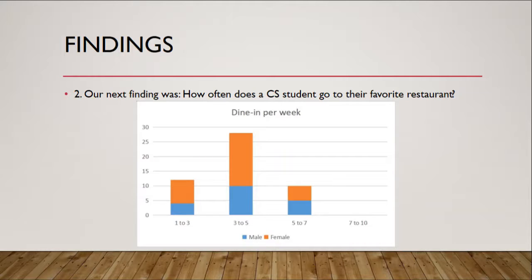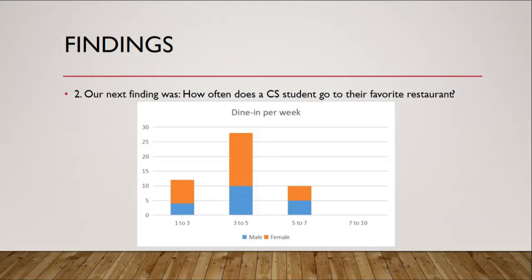Most students, which has the highest frequency, went to their favorite restaurant 3 to 5 times a week, and that is pretty good. It has a total of 28 out of 50 respondents, and the least dine at their favorite restaurants 5 to 7 times per week.